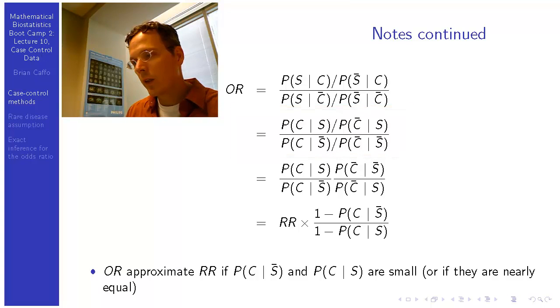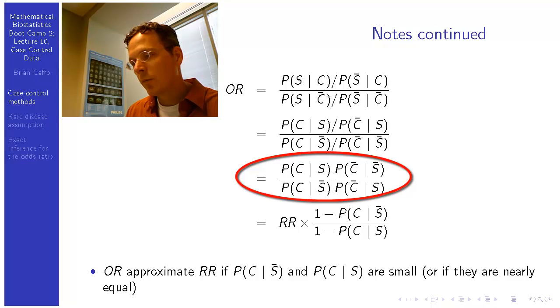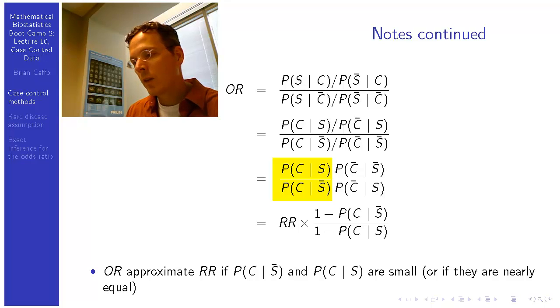Then in the next line, everything is multiplied out. Denominators are raised up to numerators and so on. And then look at this first term here, probability of case given smoker divided by probability of case given non-smoker. That's the relative risk, right? That's if we want to determine who develops lung cancer comparing who smoked to who didn't smoke.